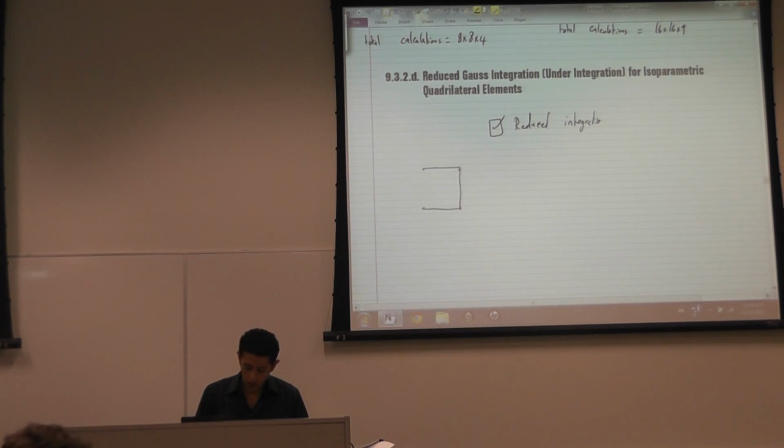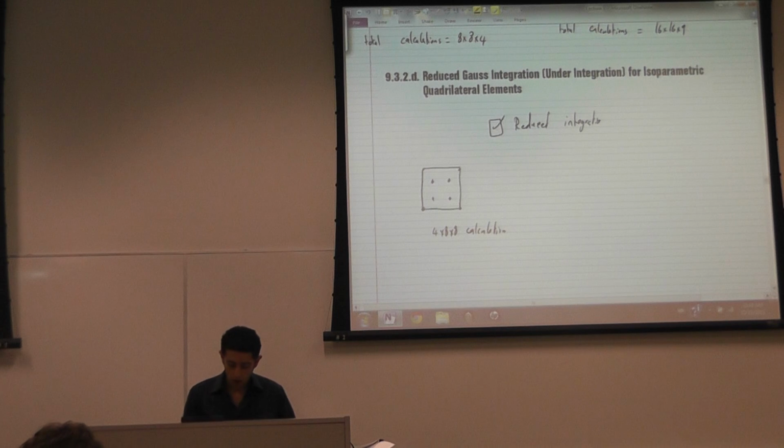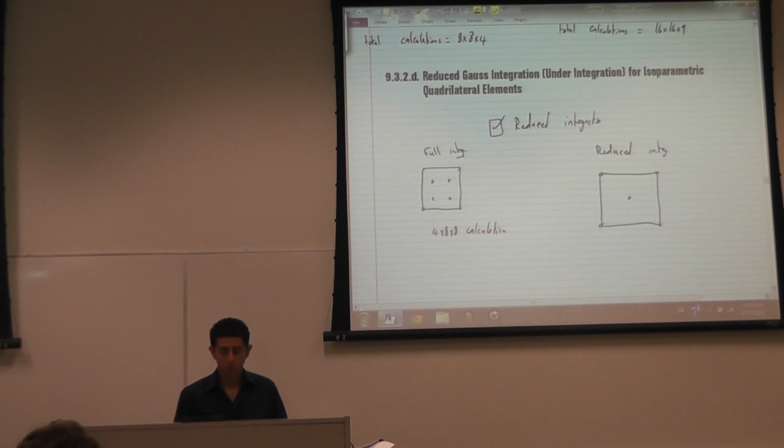You tell the software for this element, which requires 4 by 8 by 8 calculations, instead of using the full integration, use the reduced integration version, where you do the calculation once. Utilize only this. So 1 by 8 by 8.